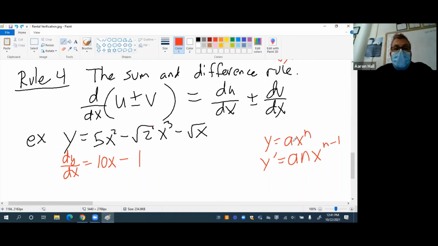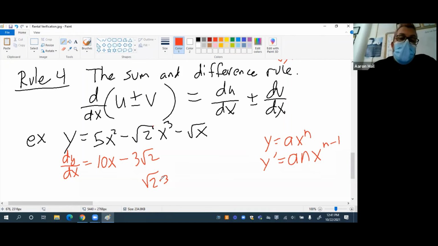So a is what? What's n? So I'm just going to write 3 times the square root of 2. I did that in front because Bryn's going to say, Mr. Hall, I don't know whether that 3 is inside of the square root or not. It's a fair point. I absolutely agree.